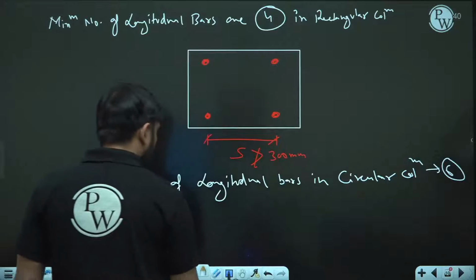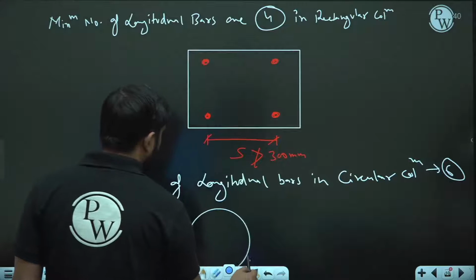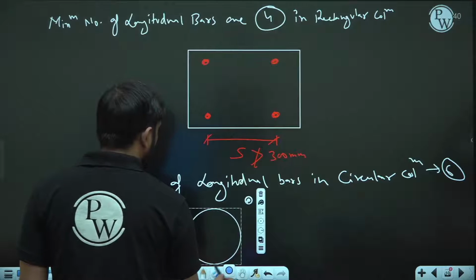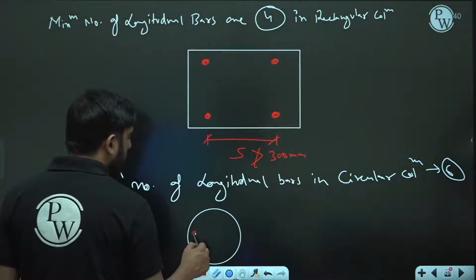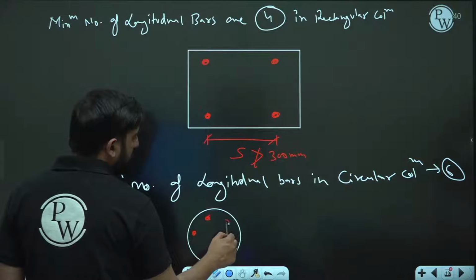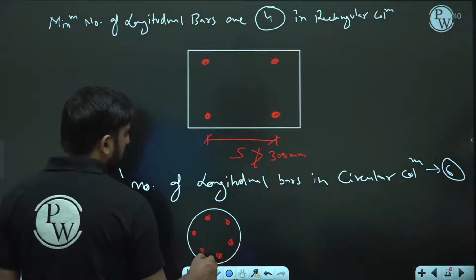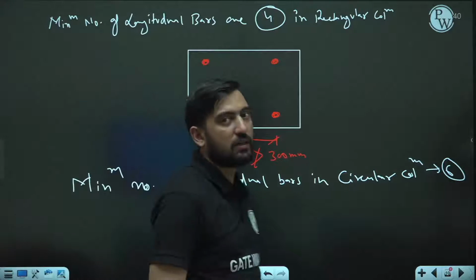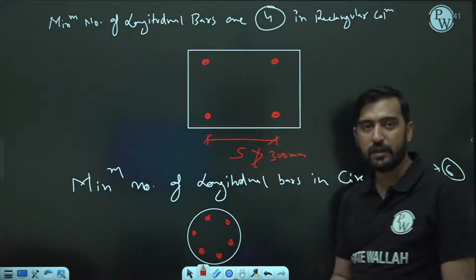So it can be seen that if this is our circular cross section, then how many minimum number of bars we have to provide? 1, 2, 3, 4, 5, 6. So there are at least 6 longitudinal reinforcement bars we have to provide, isn't it?